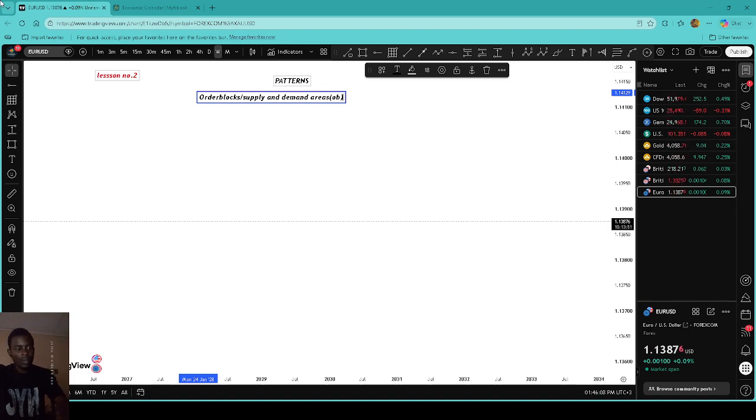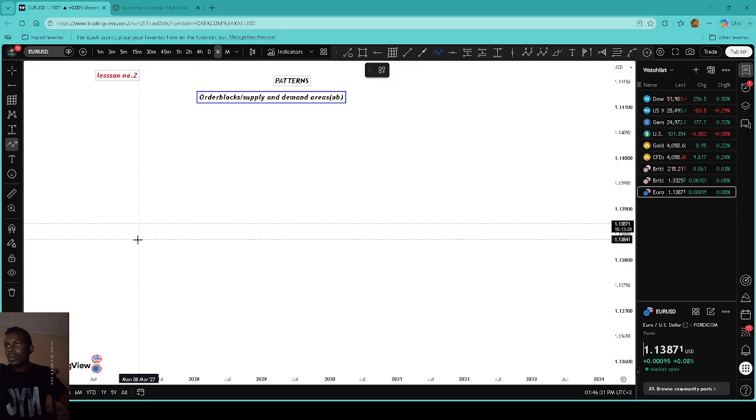What are order blocks? An order block is the zone identified as a place where institutional traders take the orders from before a push or a pull down. So it's basically a supply and demand area.